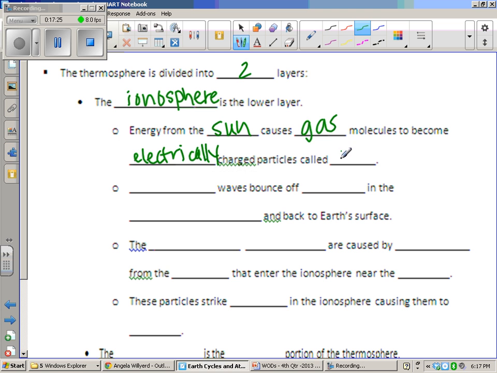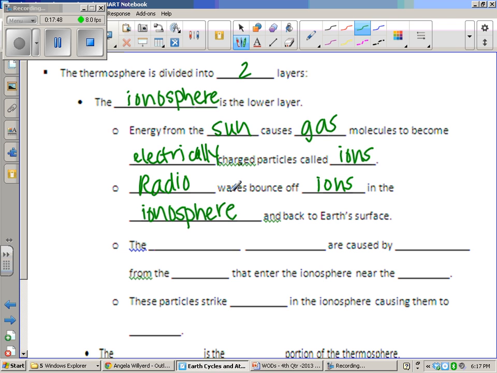And that's called ions. Now you have radio waves that bounce off ions in the ionosphere and then back to Earth's surface. We talked about that with our electromagnetic spectrum. A radio wave is part of the electromagnetic spectrum.